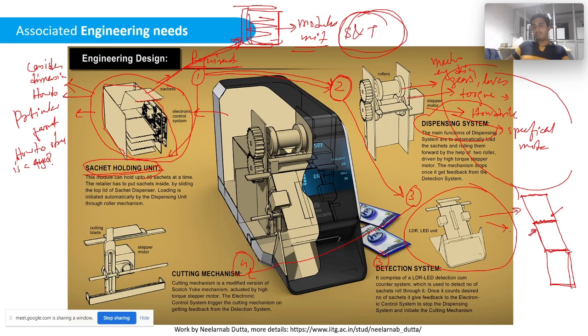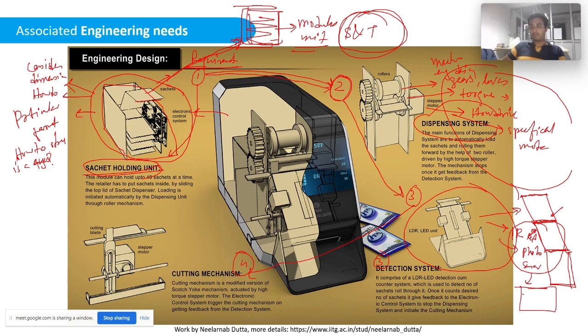For that, an engineer can think about an IR LED and photodiode as a sensor. So these are sensor requirements. Now again, the person has to have the knowledge of something like a microcontroller unit. So he needs embedded design understanding, software and hardware both, so that he can implement the detection system.